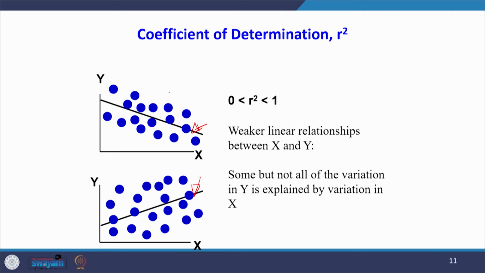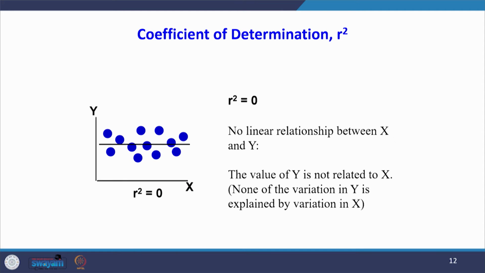This is somewhat good, but not that good because there is more variation here. When R square equals 0, there is no linear relationship between x and y. The value of y is not related to x, that is, none of the variation in y is explained by variation in x.